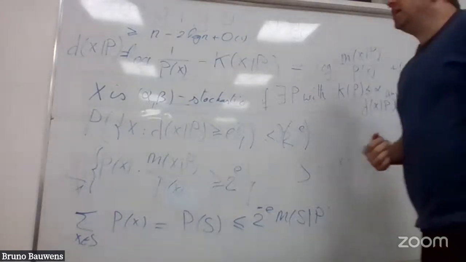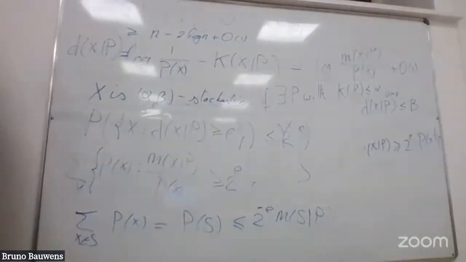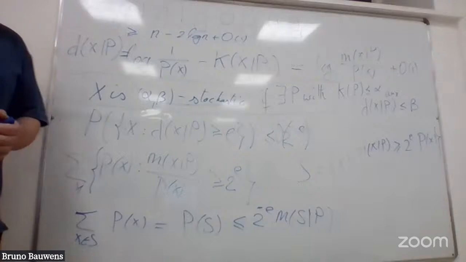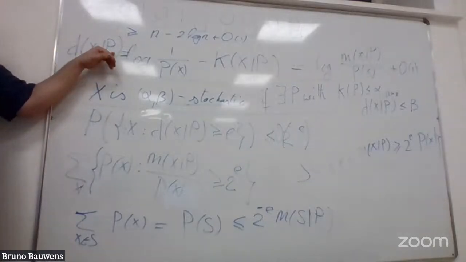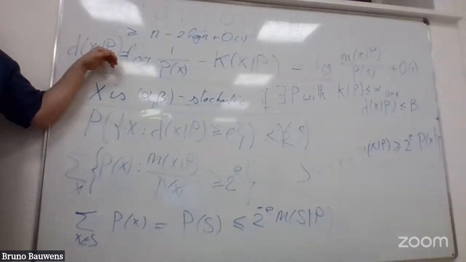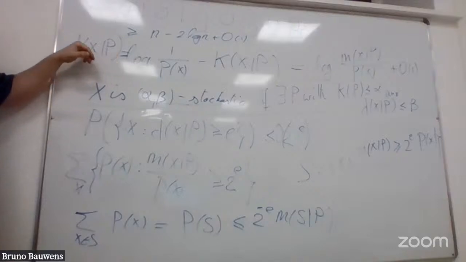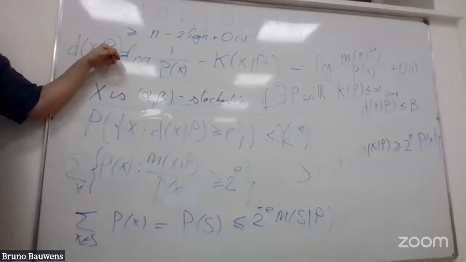Okay. And so Kolmogorov's question was, can we find for every string a simple model? Is the first question. So is it true that for every string x, there is a reasonably simple model?